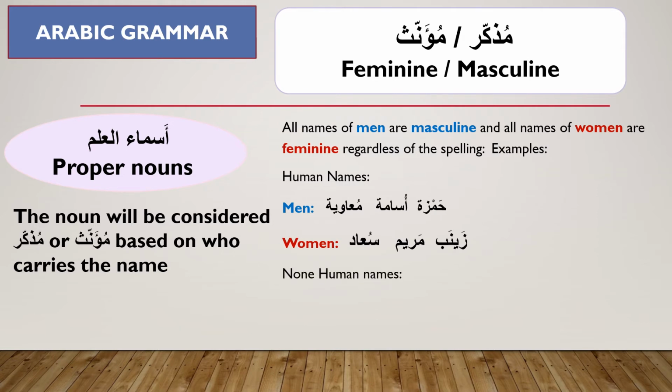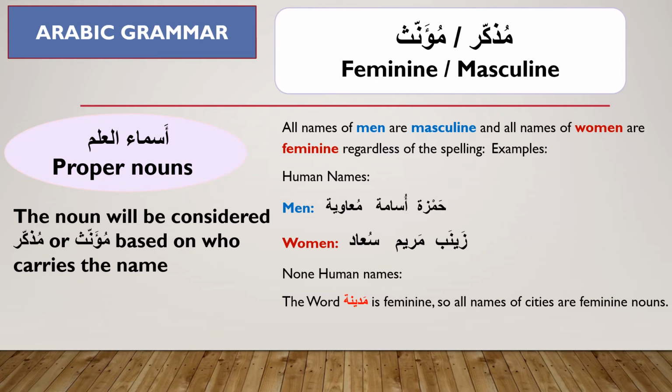What about objects and non-human names? For example, the word Medina, city, is a feminine noun because it ends with ta marbuta. So, all names of cities will be feminine nouns. So we say New York, كبيرة.